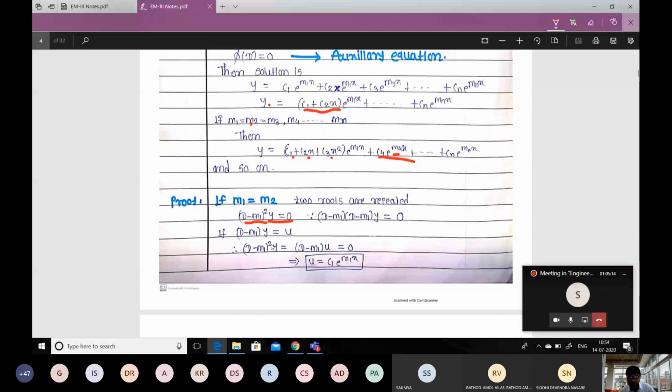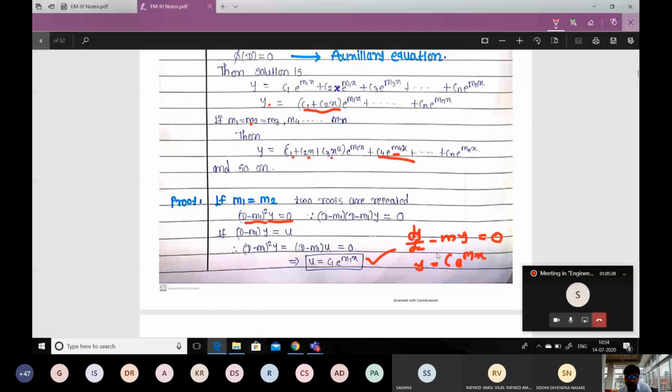Now obviously this term has to be equal to 0. So if we have (D minus m1) times u equal to 0, what can you say about the solution? You are already familiar with the equation dy by dx minus m times y equal to 0. You directly write the solution as y is equal to c times e to the power m times x.